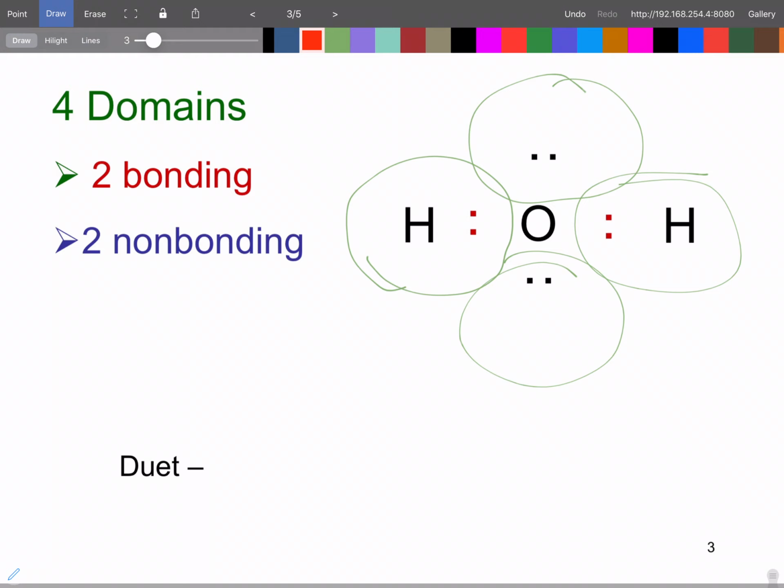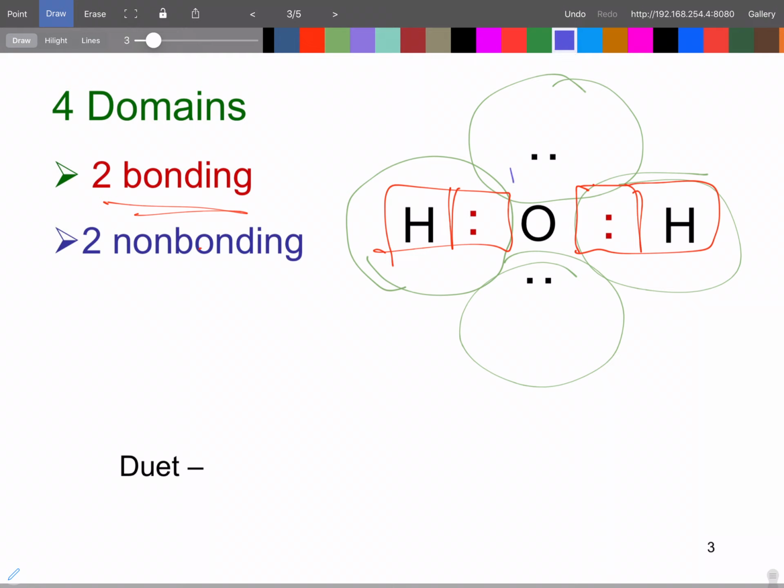Two that are bonding, okay, and those would be these two right here, because these are the bonding orbitals. But those are your bonding orbitals. And you're going to have two that are associated with no bonds.